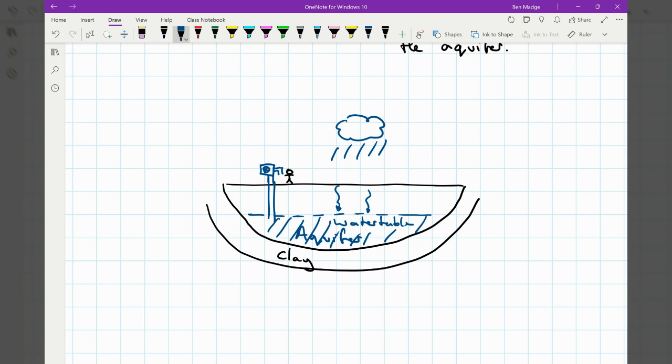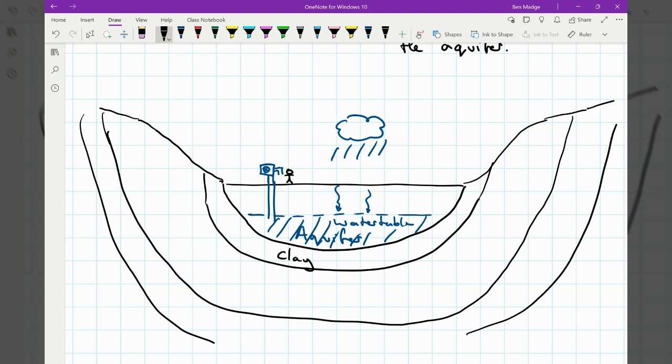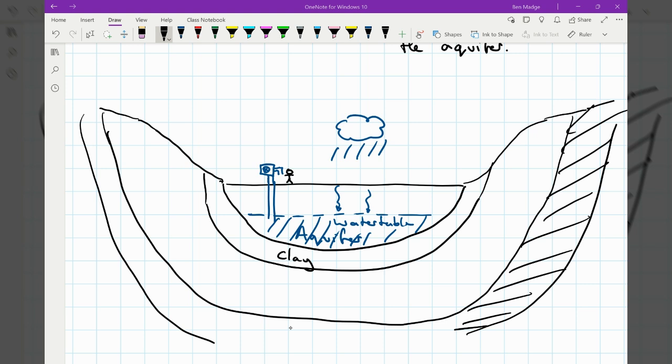Now, what we might find is that we have a mountainous set of hills or something like that either side of us, and these have a band of impermeable rock passing through it. So perhaps this is granite for the sake of argument, or clay and granite, or some other geology.